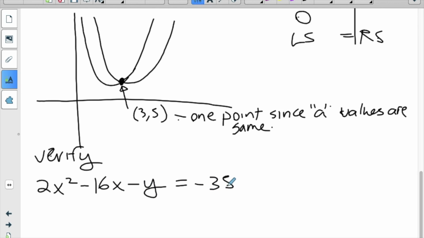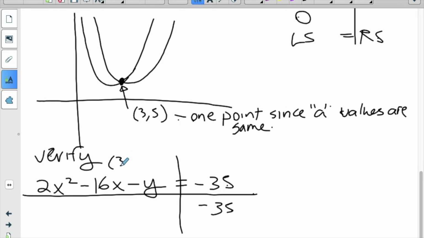That was 1, correct? So this one is just negative 35, and we're putting in the point 3, 5. So this is going to become 2 times 3 squared minus 16 times 3 minus 5.